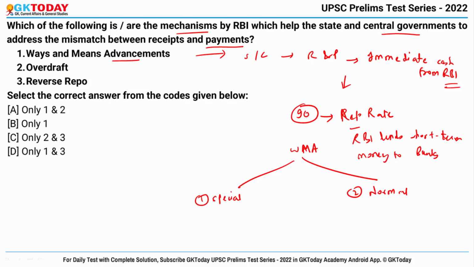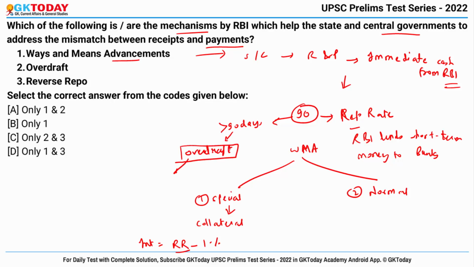See, in special WMA, government securities are treated as collateral and the interest rate is 1 percentage point less than the repo rate. But on the other hand, if the return of the amount under WMA exceeds 90 days, then it is treated as overdraft. Means in this, the interest applies at a rate that is 2 percentage points more than the repo rate.